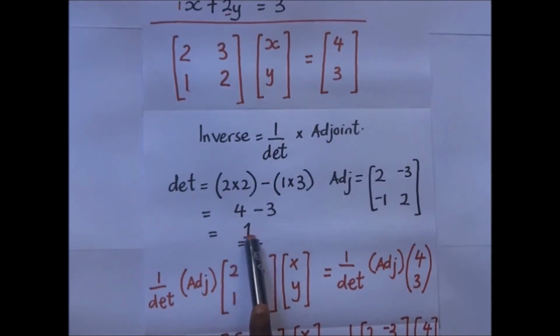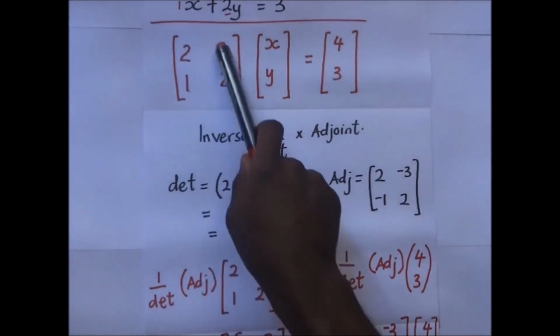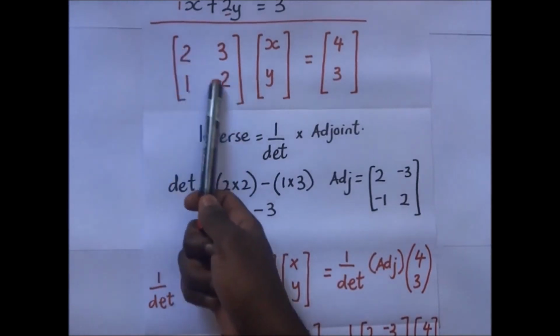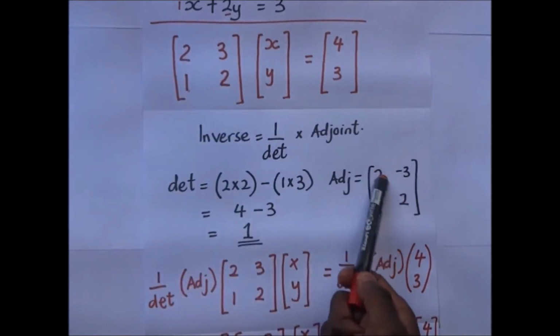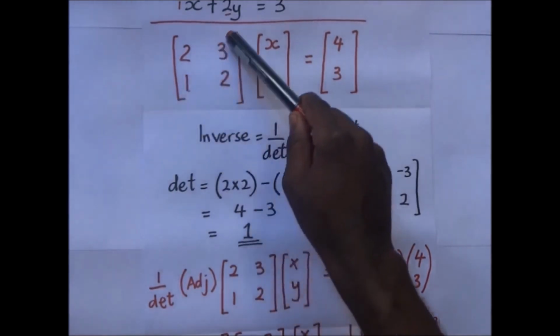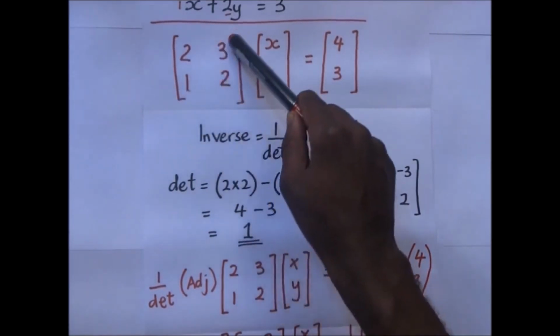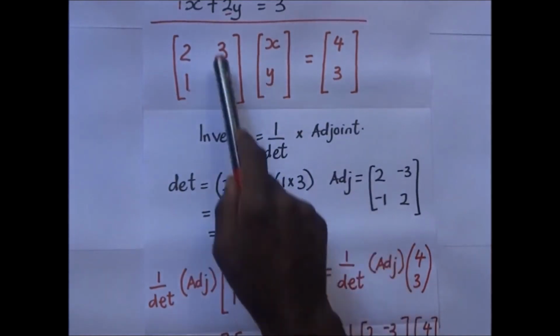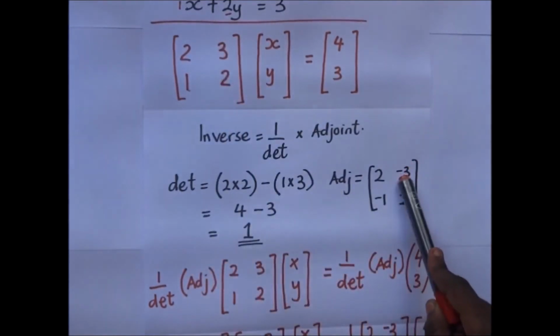After getting our determinant as 1, we find the adjoint of this matrix. We get the adjoint by interchanging the numbers in the main diagonal, which are both 2's. Then in the minor diagonal, we simply multiply the numbers by -1. 1 times -1 is -1. 3 times -1 is -3.